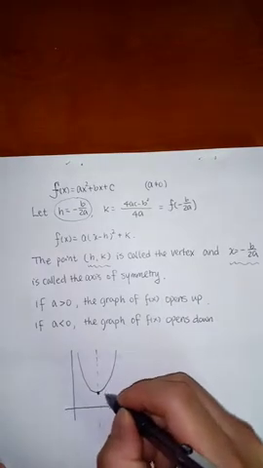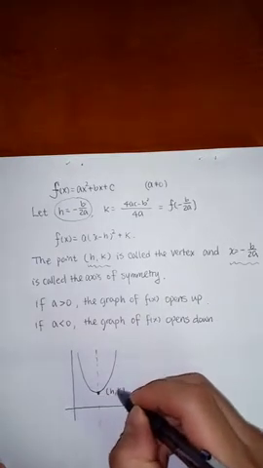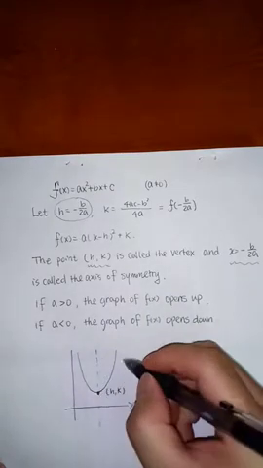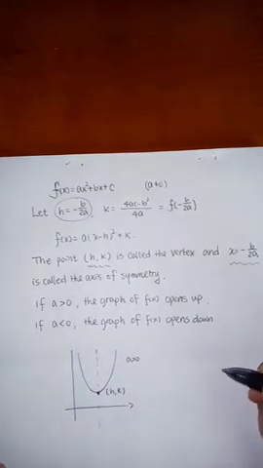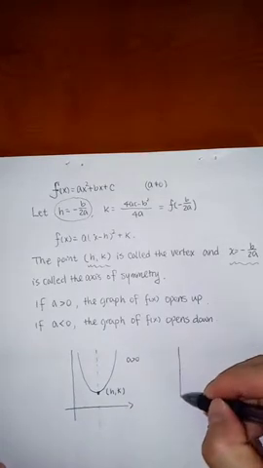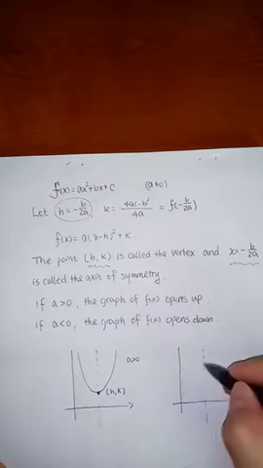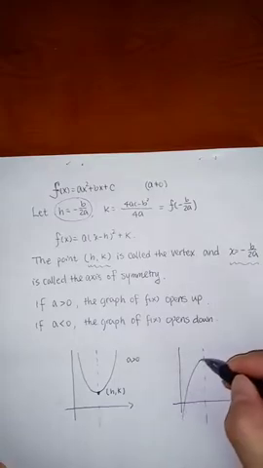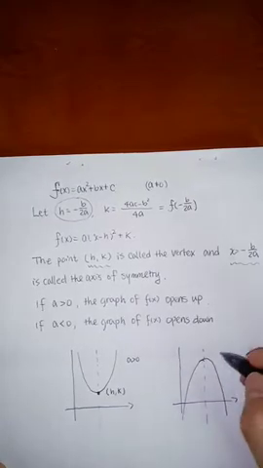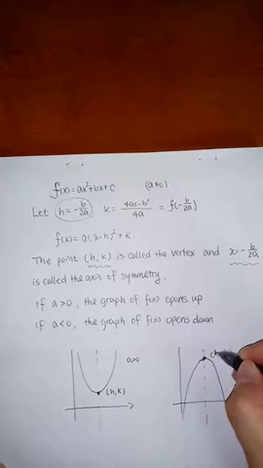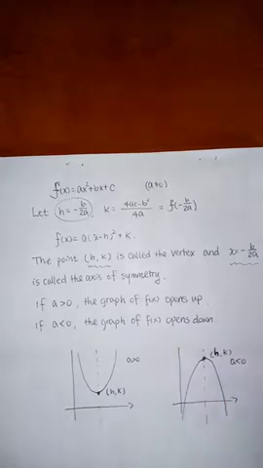Then this point is (h, k), and this is the symmetric axis, and this is case 1, a is positive. This is case 2, a is negative.